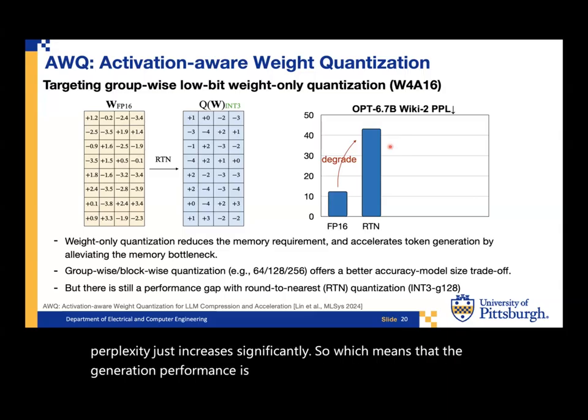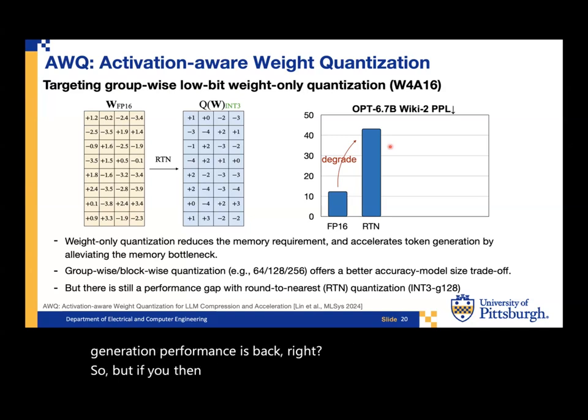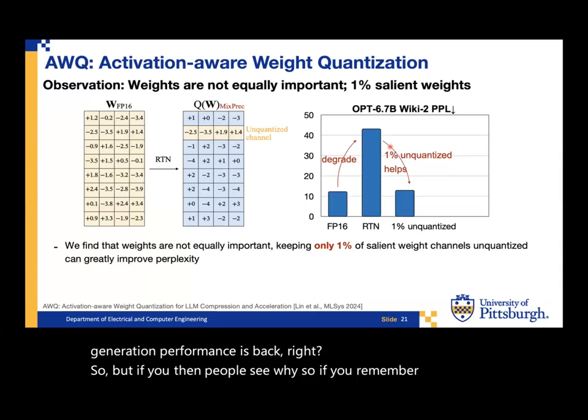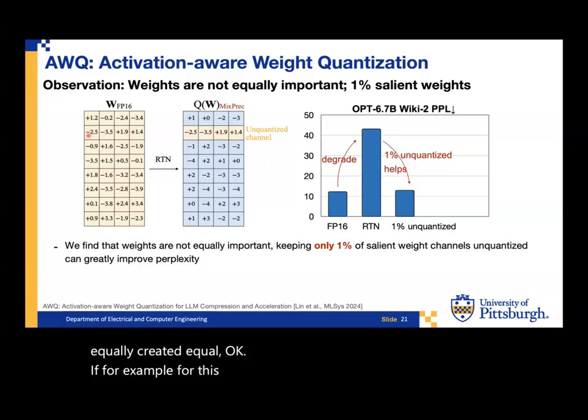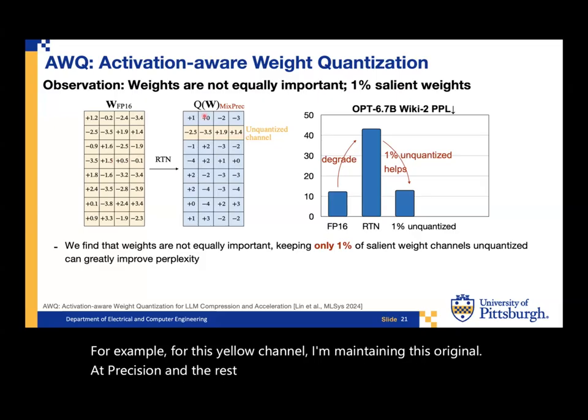So people wanted to see why. If you remember, in this activation, people find that all these weights are not created equal. If, for example, for this yellow channel, I maintain the original precision and the rest of them get quantized, the perplexity suddenly dropped significantly.